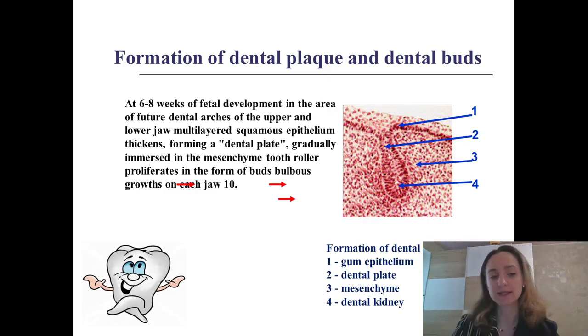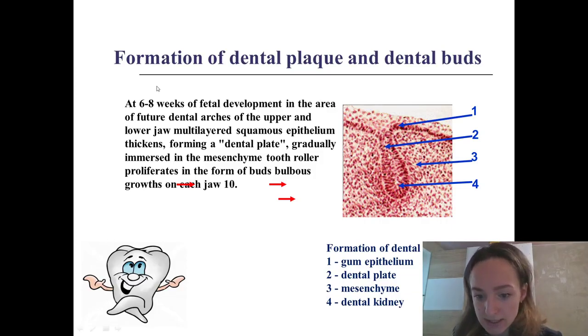We know that dental germs, we can see the development of them at 6-8 weeks of development in the area of future dental arches of the upper and lower jaw.